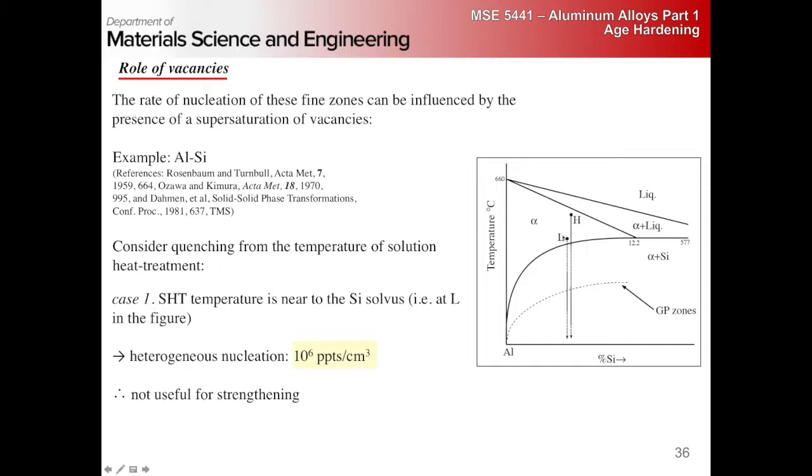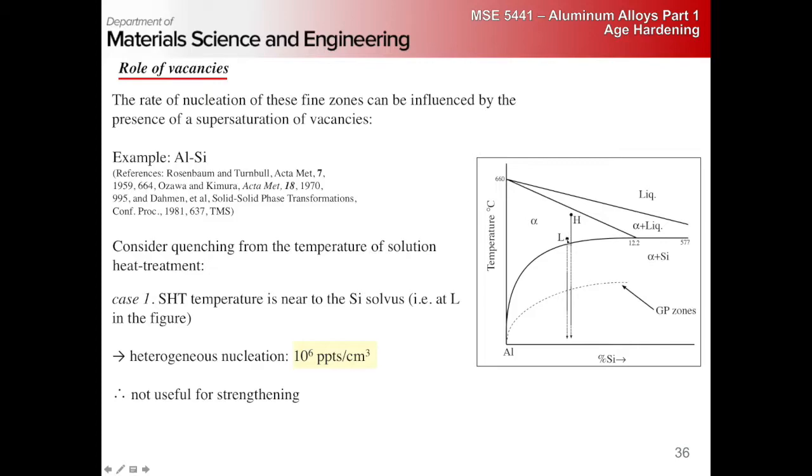But let's go back. I want to just remind you of where we were. We were talking about the role of vacancies, and that the nucleation of these fine zones is strongly influenced by the presence of a significant vacancy population. We can see here we've got two different materials.